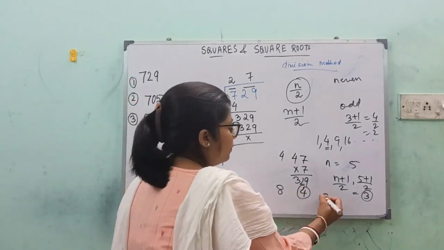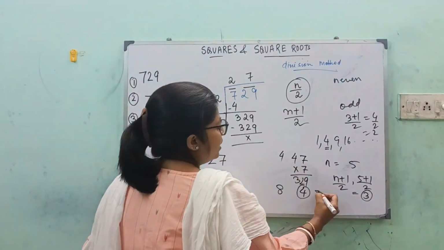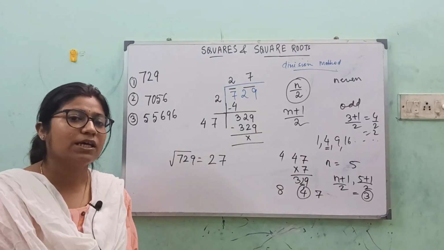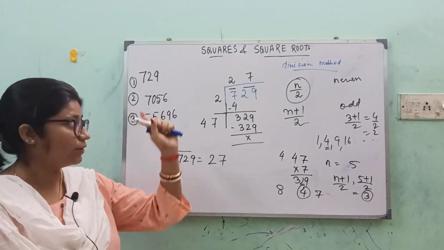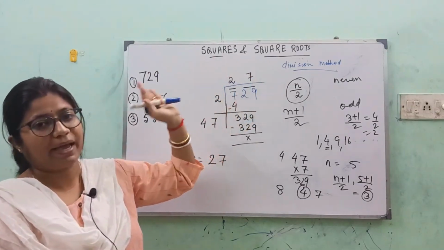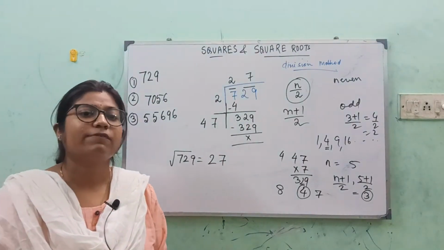And suppose you have 7. Then 7 digits will also give you how many periods? It will give you 4 periods, because from the left side the first digit, and also from the right side when you are pairing, the last digit will be a single digit, but still it will form a period.